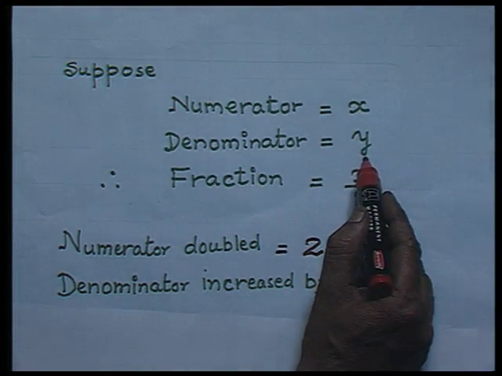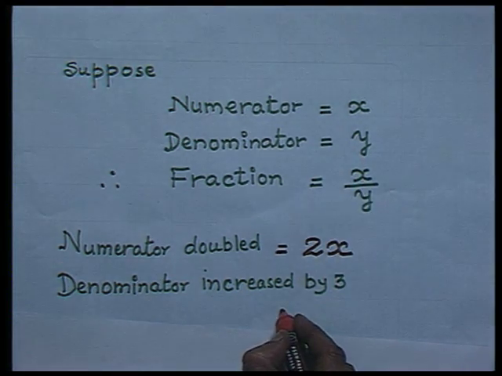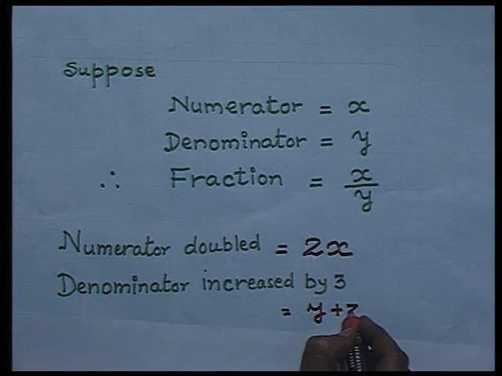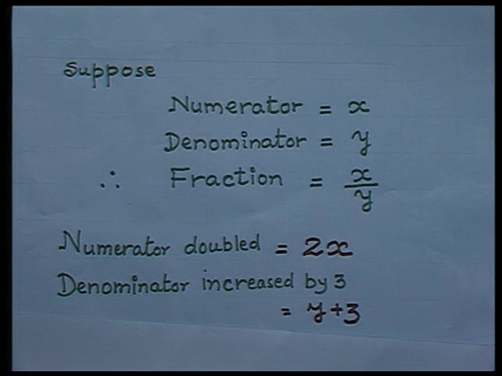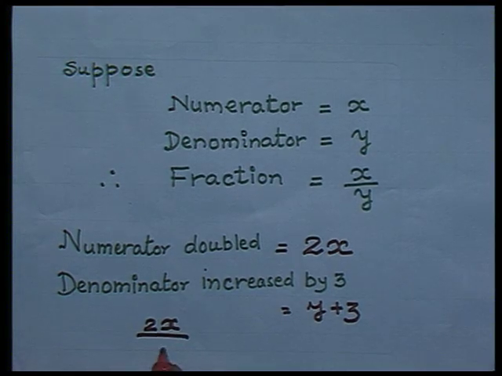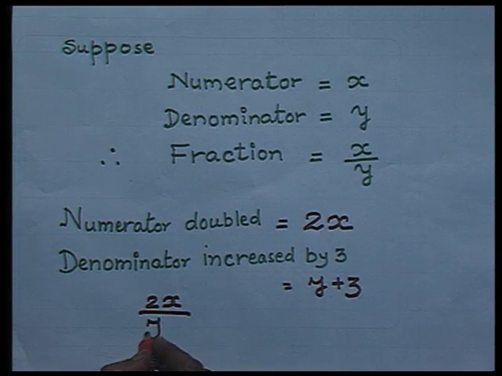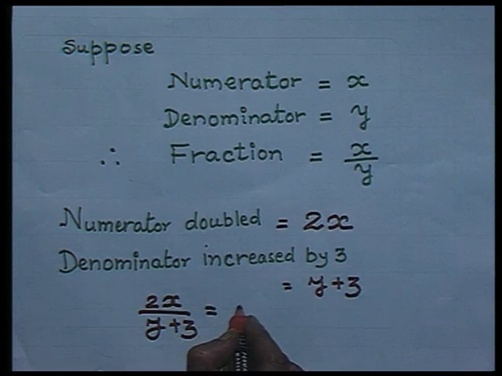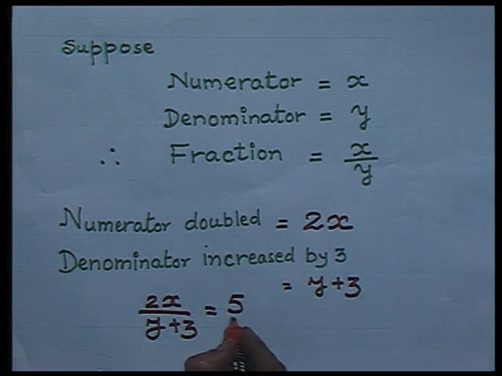Denominator we have supposed as y, so on increasing by 3 it becomes y plus 3. So what does the fraction become then? The fraction now becomes 2x upon y plus 3, and this is equal to 5 upon 6.